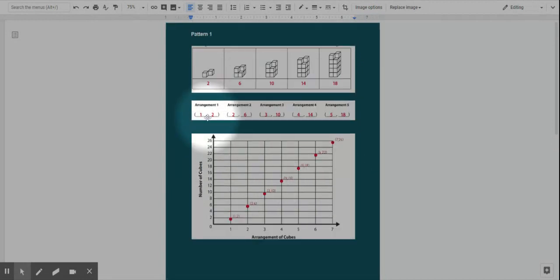We would take each of these, so this is arrangement 1, and we go over 1 and up 2. For arrangement 2, we would go over 2 and up to 6. For arrangement 3, we would go over to 3 and up to 10. For arrangement 4, over to 4, up to 14. And then arrangement 5, we would go over to 5 and up to 18.